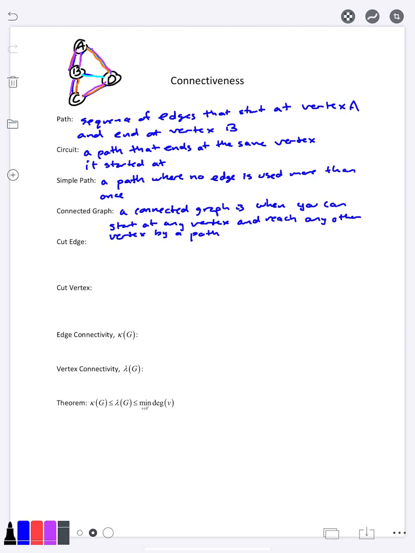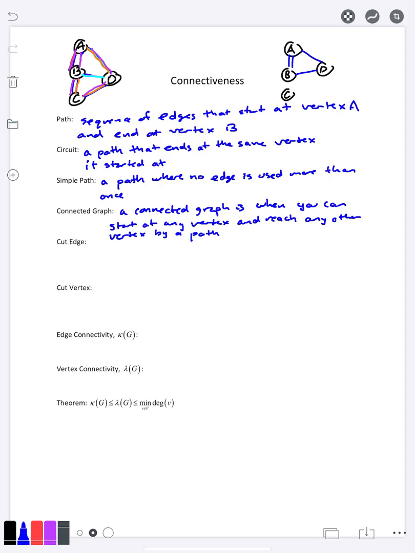If I were to draw a similar one, but not quite the same here, and you see how C is all alone, nothing you get to see, that would be a non-connected or disconnected graph because you cannot get from A to C, for example.